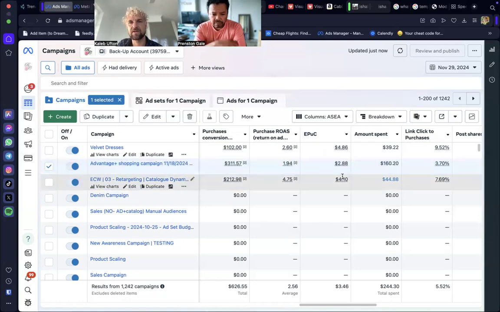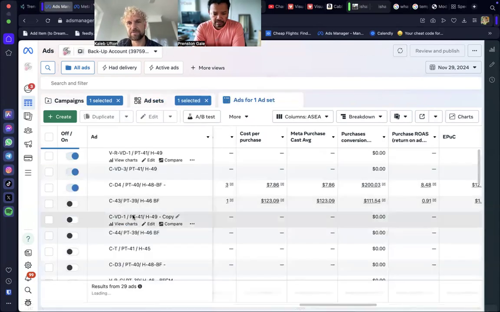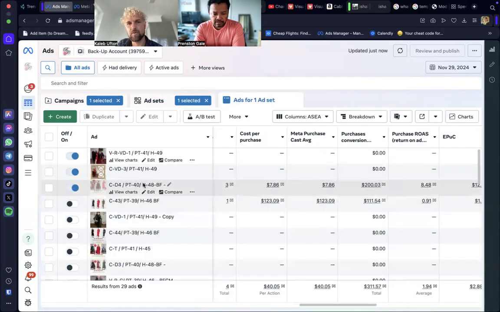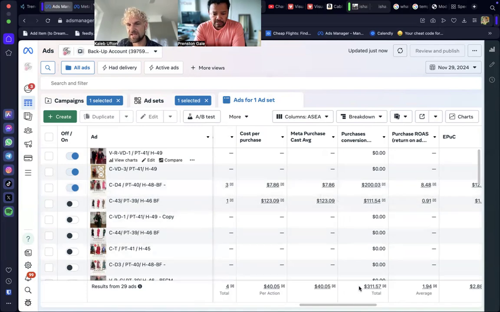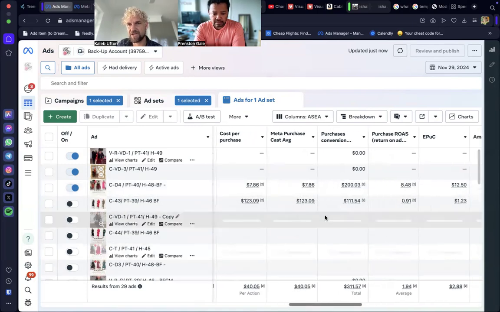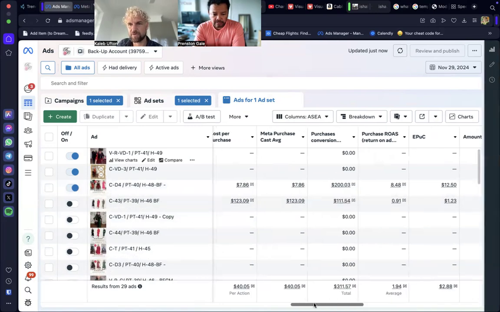They started to come back. But we can dive in and go, okay, well, what actually happened here? Well, we can see one ad that had a ridiculous ROAS and a ridiculous EPC, and another ad had, it was very expensive. Well, what's going on there?